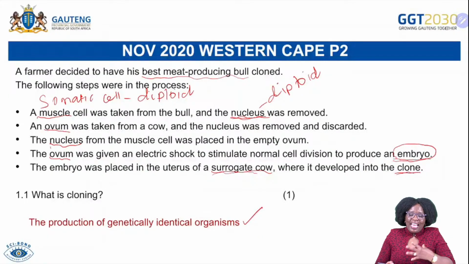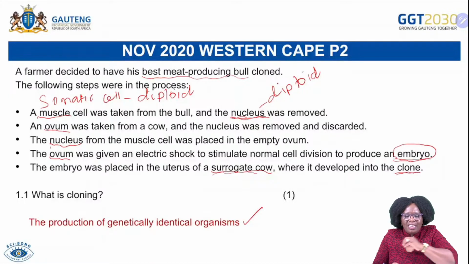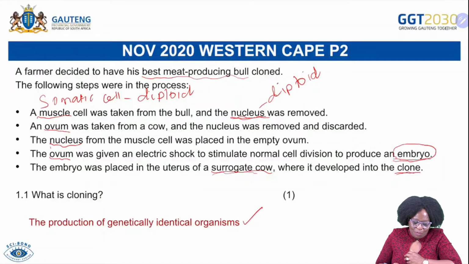It's me exactly genetically. And the question is, what will be the difference between me, Mrs. Vuma, and my clone? The difference will just be age, because the clone would have developed into a mini me, but that's going to be genetically exactly the same as me.